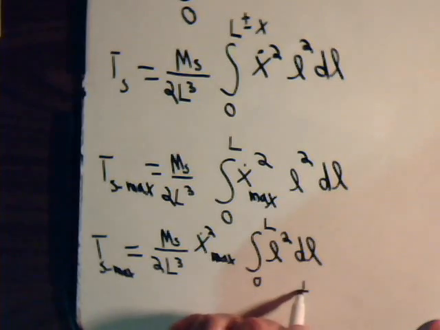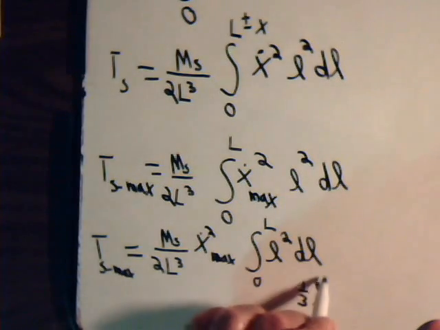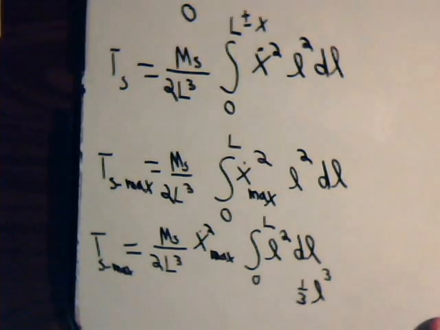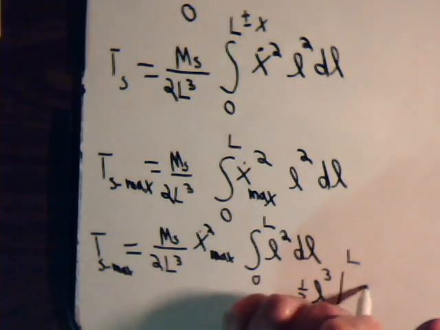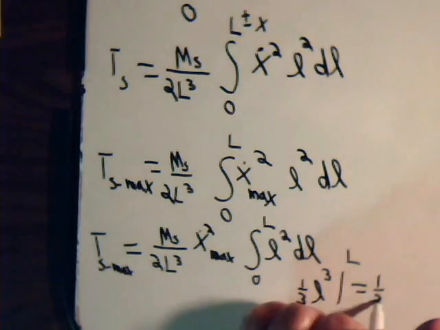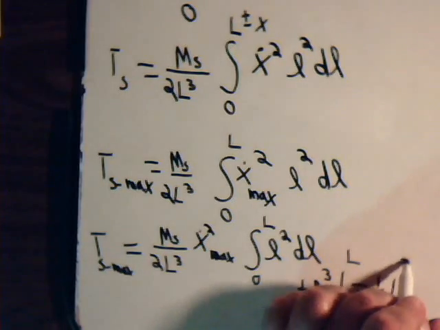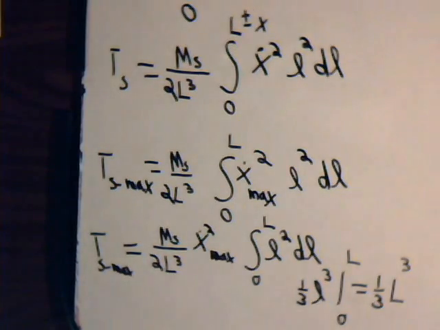And this is real simple. That's 1/3 small l cubed, going from 0 to big L. So this equals 1/3 capital L cubed. So this integral is just 1/3 capital L cubed. So let's write this in place of this.